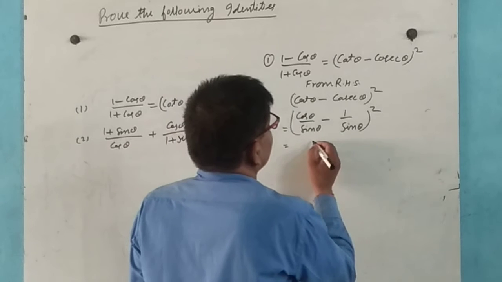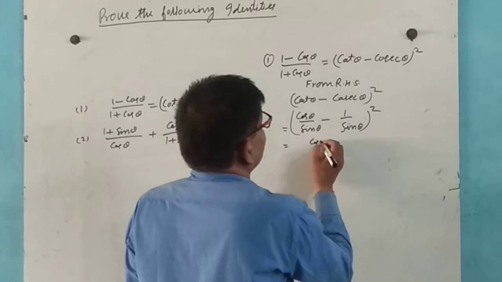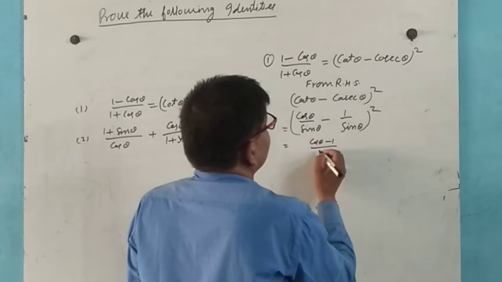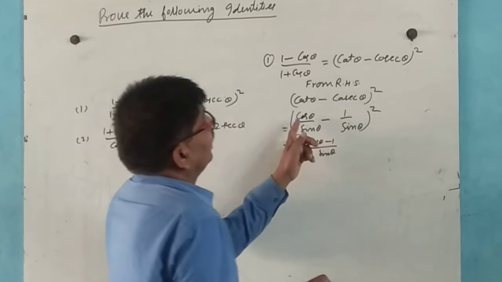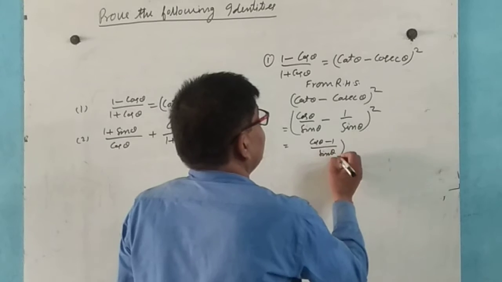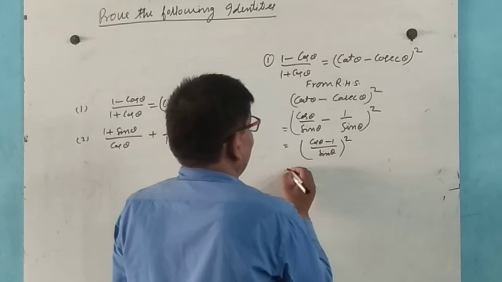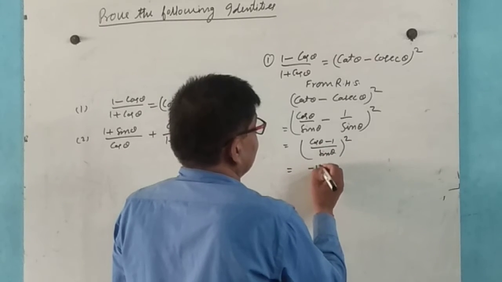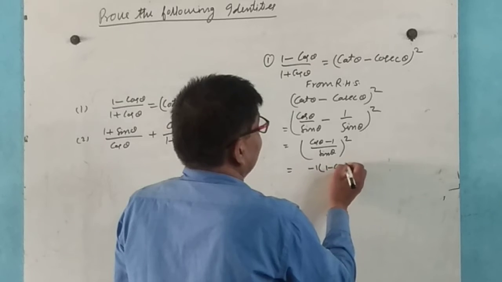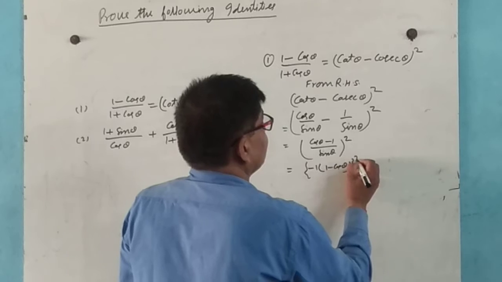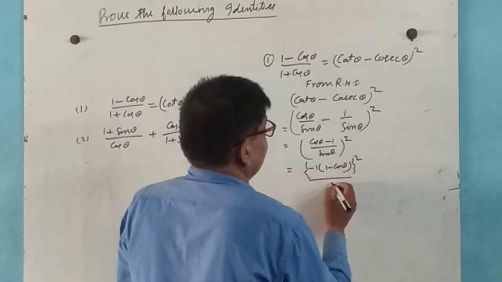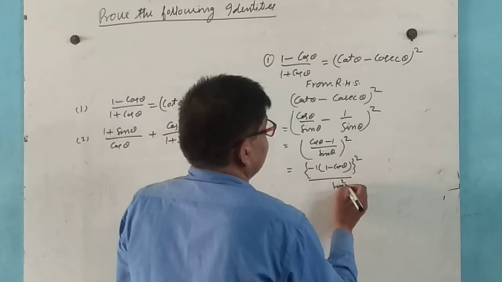Next, this comes (cos theta minus 1) by sin theta, because both are over sin theta, (cos theta minus 1) square. Now we can write (1 minus cos theta) whole square, and this is also sin square theta.